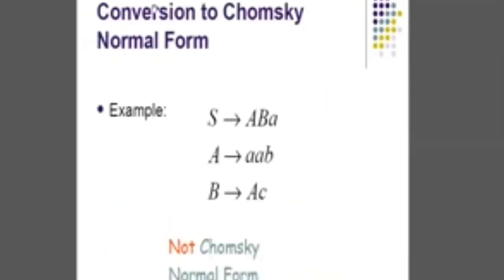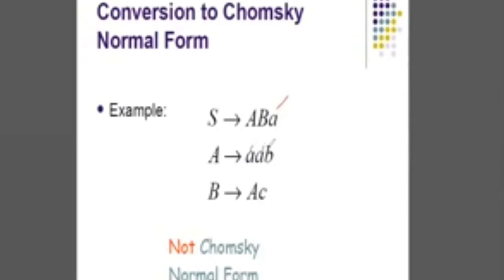So now let us see a few more examples in conversion to Chomsky's normal form. Look at the given grammar. Here we have the productions which are not in Chomsky normal form, right? For example, you can check here, this A is violating Chomsky normal form.